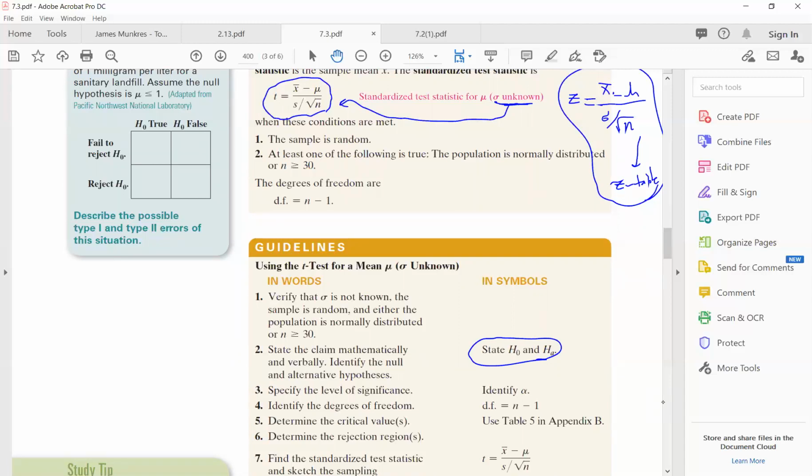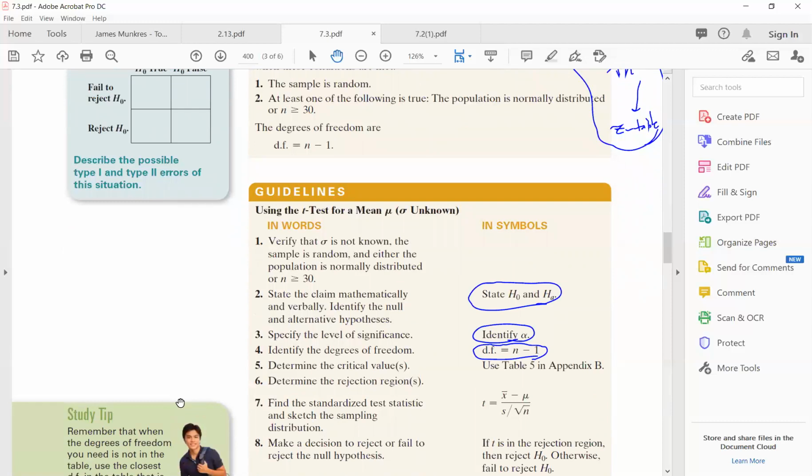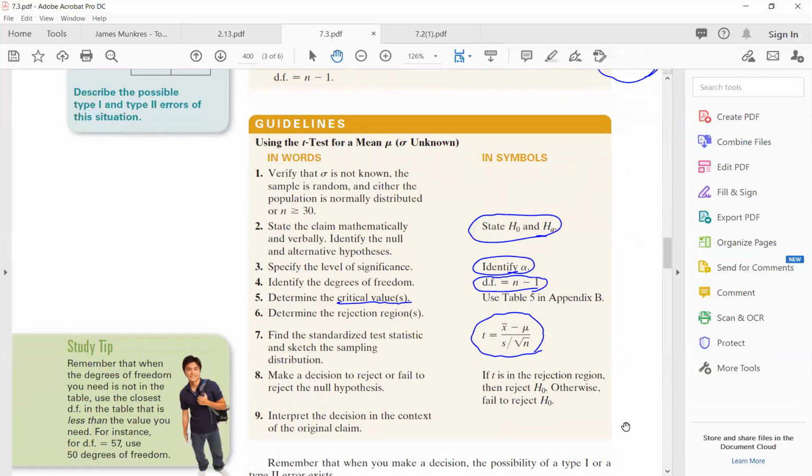Specify the level of significance, alpha. Identify the degrees of freedom, n minus 1. Then look at your t-table to find critical value or critical values. Then you can identify your rejection region, form your standardized test statistic, then decide to reject or fail to reject the null hypothesis.